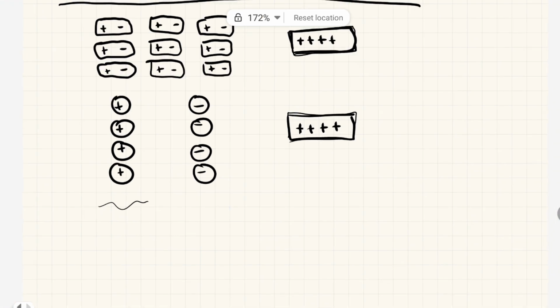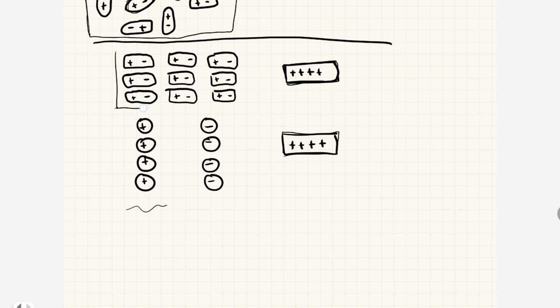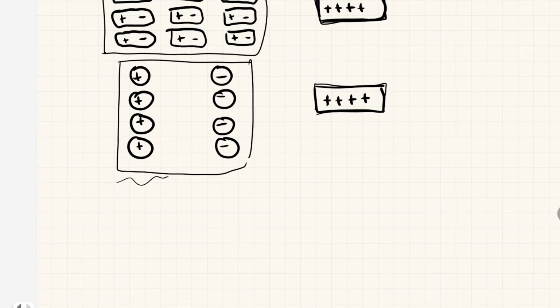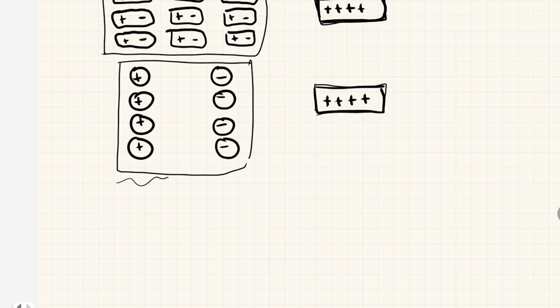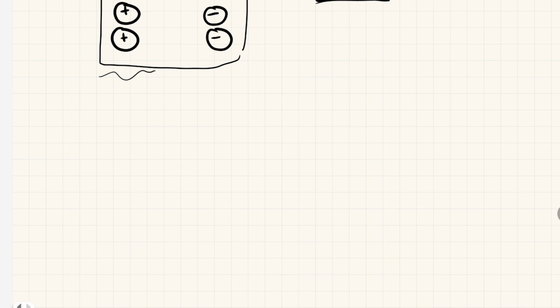Okay, so this phenomenon is called polarization. We say that the material is polarized. So if our hypothesis is correct, then the dielectric will be polarized in the presence of an electric field. Looking at the material, it is made of dipoles and it also has a volume, so we can say that there is a density of dipoles, like a quantity of dipoles per unit of volume, okay?